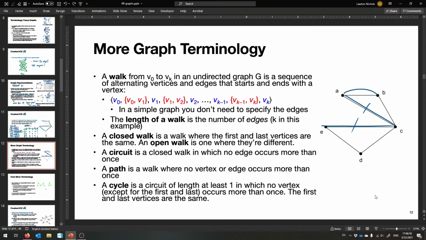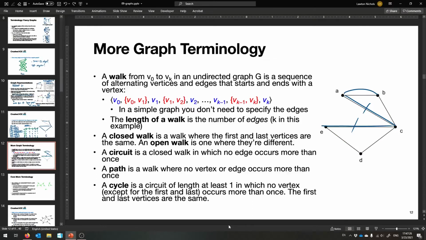Let me show you a circuit, but not a cycle. Here is a circuit. Bam, bam, bam, bam, bam. That was a circuit, because I didn't reuse any of the edges. But that is not a cycle because I got back to C in the middle there. You see that? Because I reused the vertex.